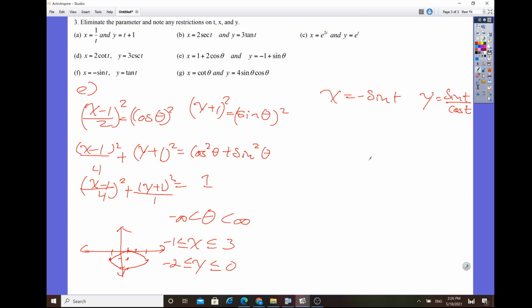Okay, so let's see what else we can do here. It's a little bit complicated with this one. So sine of t, we try to do the replacement. What we got here is cosine of t times y equals sine of t. So that means x equals negative cosine of t times y. But the t is still there, so that won't work.